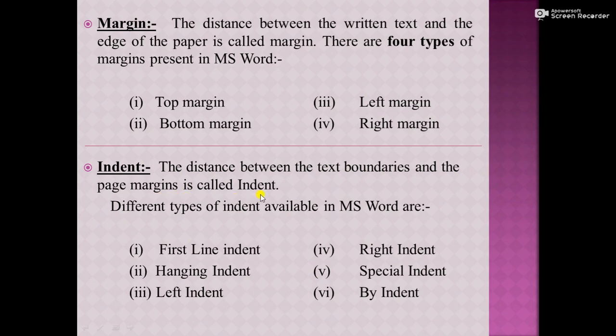The distance between the text boundaries, meaning where your text starts on the page, and the page margin is called indent. There are different types of indent available in MS Word. The first is first line indent, hanging indent, left indent, then right indent, special indent, and by indent. These are the different types of indents available in MS Word.